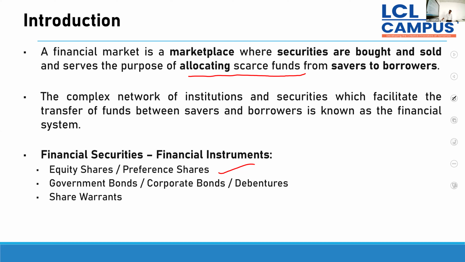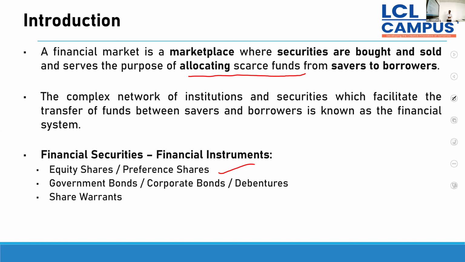So simply, a financial market is a marketplace where these securities are bought and sold, and it serves the purpose of allocating scarce funds from savers to borrowers. That's the financial market. Clear?